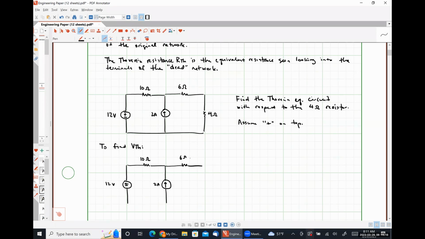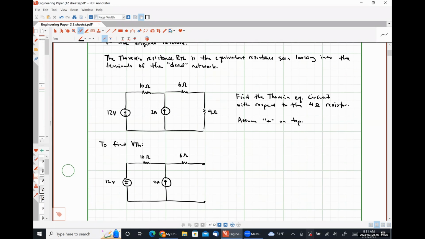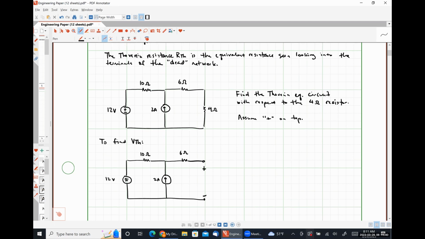When we take that 4 ohm resistor out, we are left with a pair of open circuited terminals. The Thevenin voltage is the voltage drop seen across these open circuited terminals. And we are told to assume that our positive polarity terminal of our Thevenin voltage is on top. So our goal now is to simply solve for this quantity VTH in any way that makes sense to us.